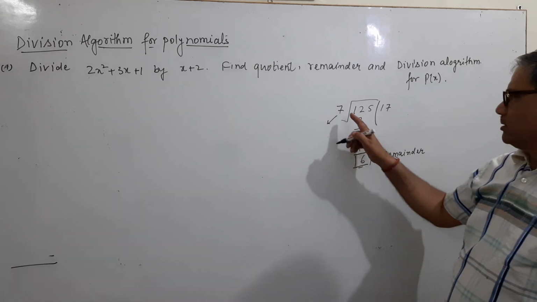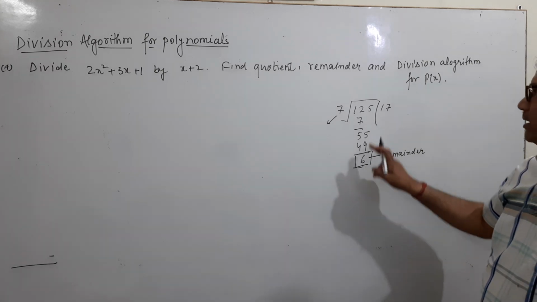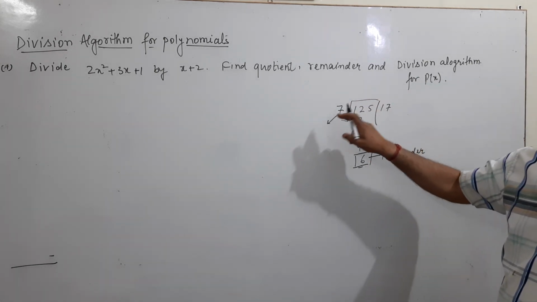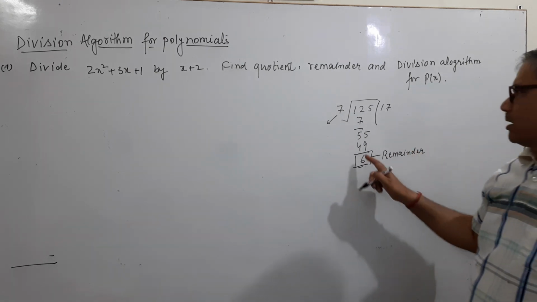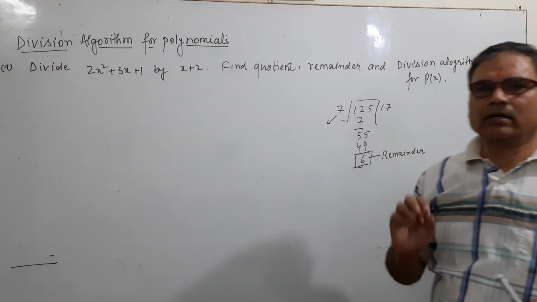This remainder is always less than the divisor. The remainder is never equal to the divisor or more than the divisor. रिमाइंडर कभी भी डिवाइजर के बराबर और डिवाइजर से बड़ा नहीं होना चाहिए.